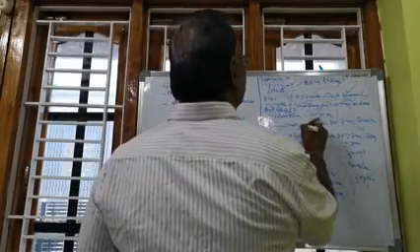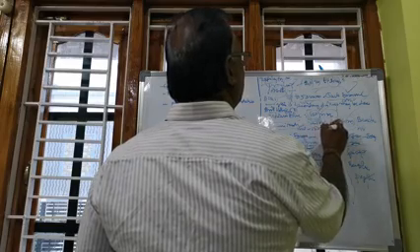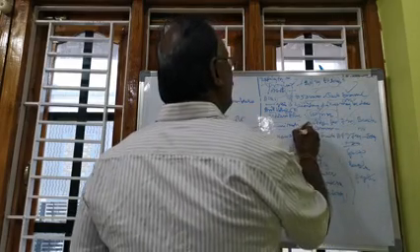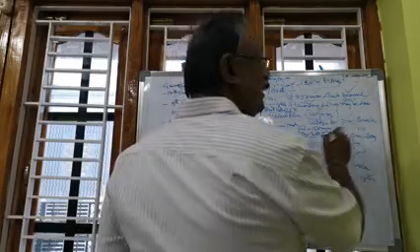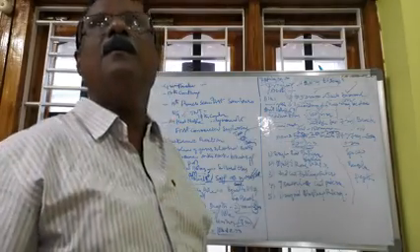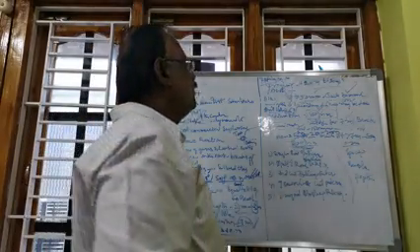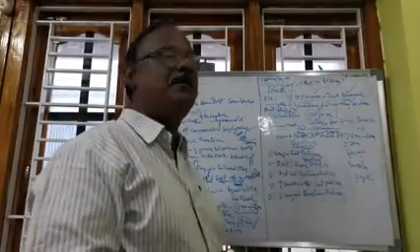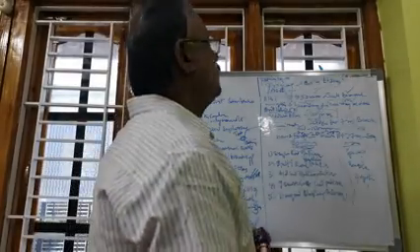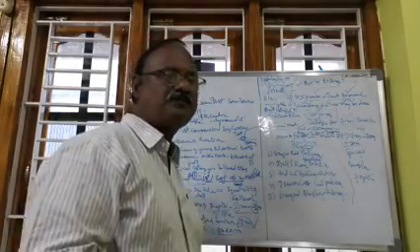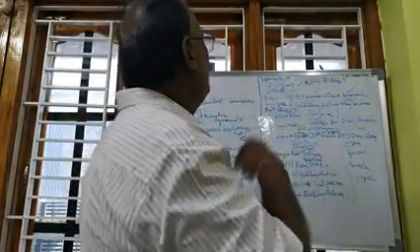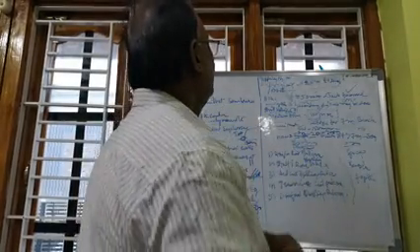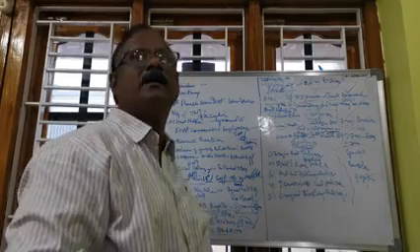Suppose it is coal, then up to 150 mm drill holes we use. For OB, overburden, the drill hole diameter is 250 mm to 300 mm. So here two things are there.